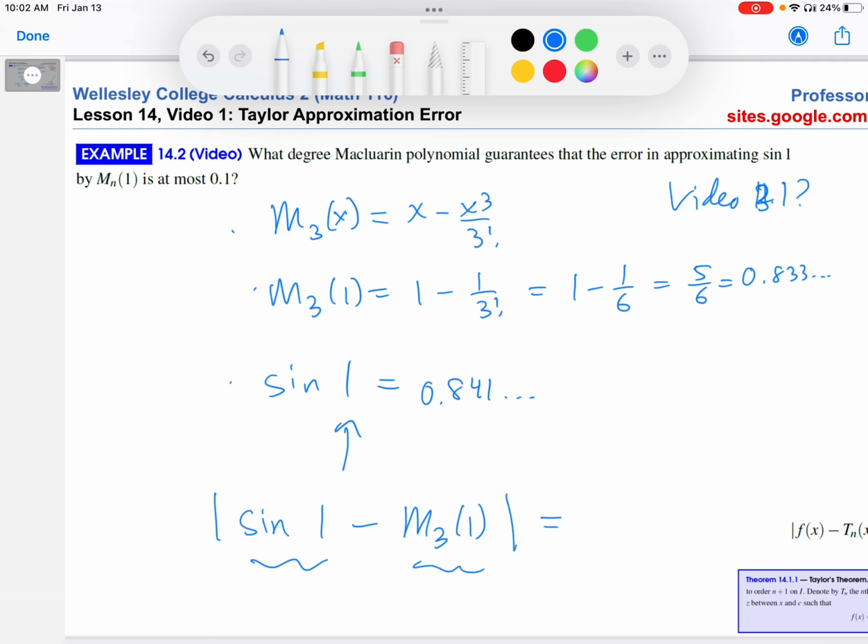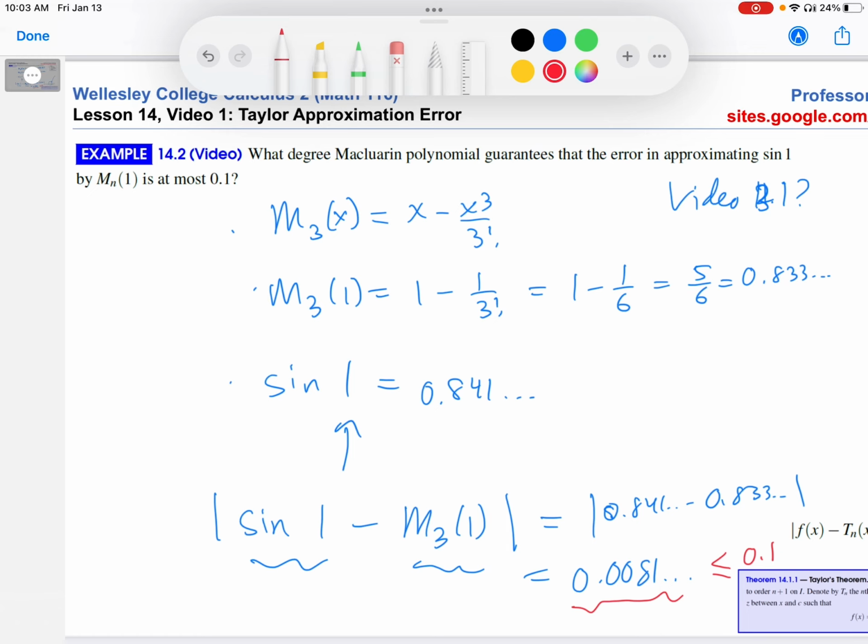Now we're calculating this difference, 0.841 minus 0.833, and that ends up being 0.0081 dot dot dot. So again, you can see that this number is definitely less than or equal to 0.1. It's actually orders of magnitude less. So in other words, we have achieved much more than we set out to do.